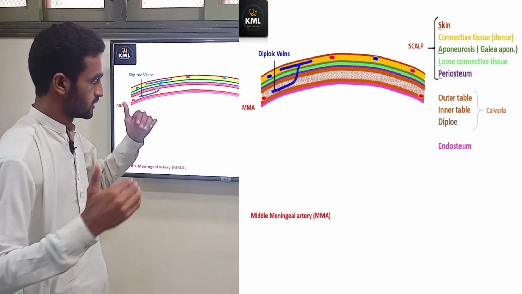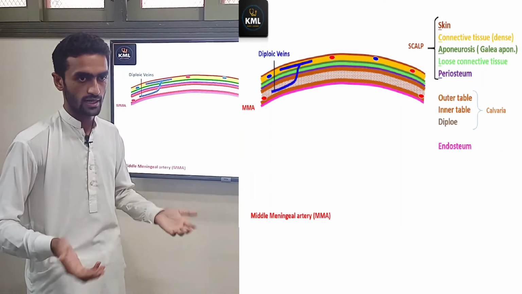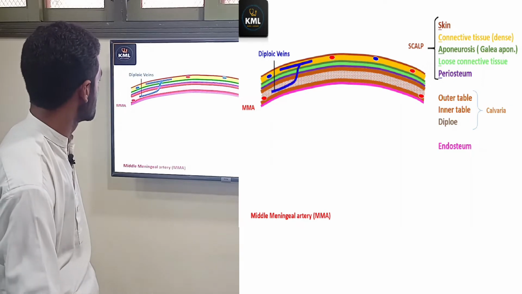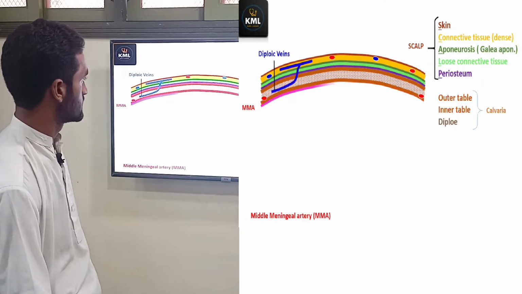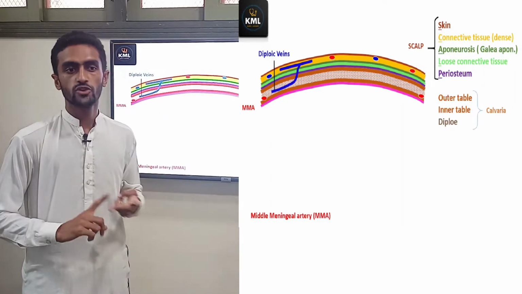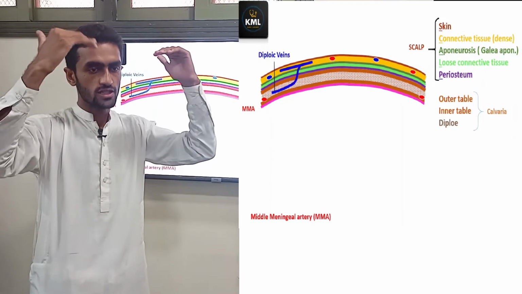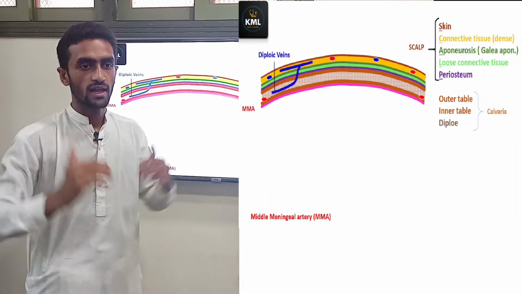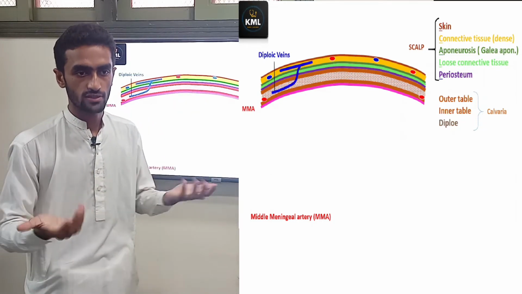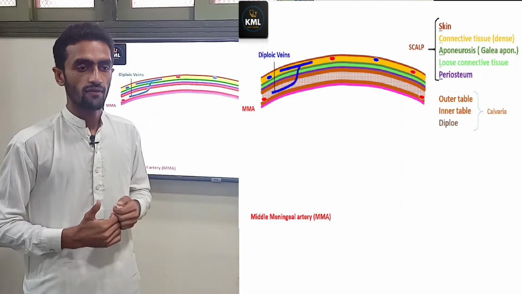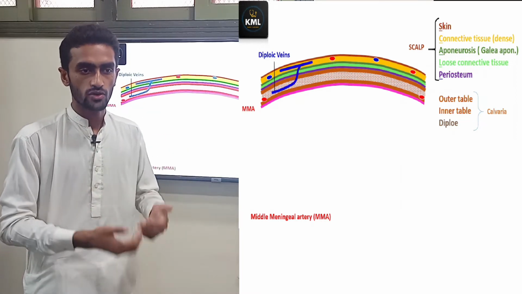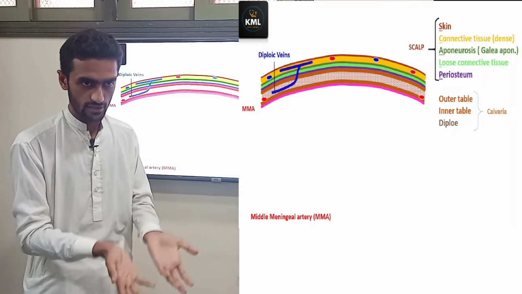Now come to the dura and the meningeal layer. Here you can see the dura, because in the brain the dura has 2 layers. One is the endosteum, or you can say periosteum, which is tightly bound with your calvaria, the skull bone, while the meningeal layer goes deeper and forms your dural folds and then your sinuses.